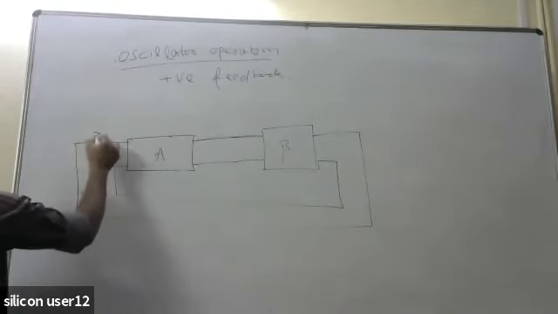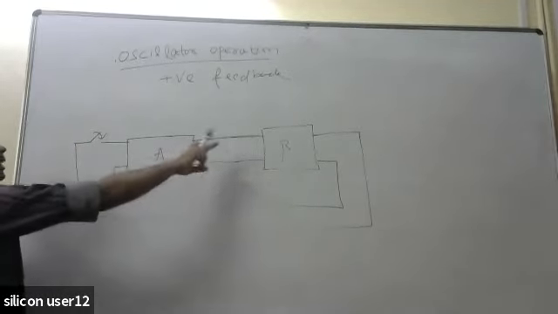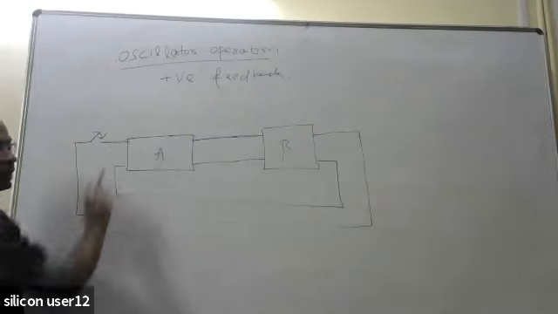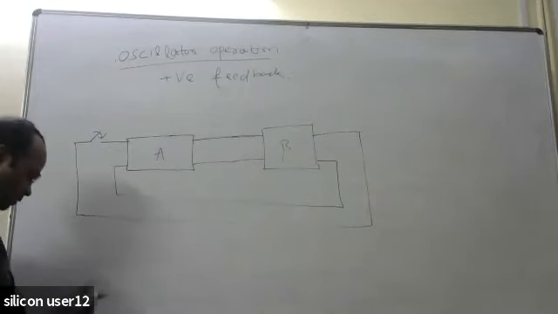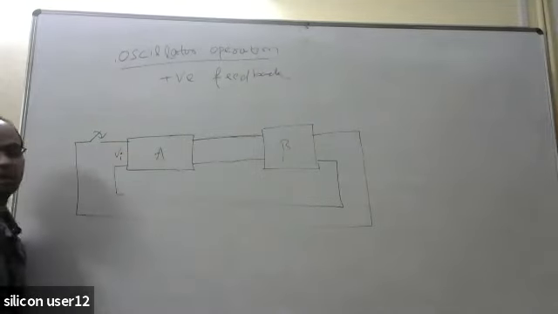Here a switch is there. So when the switch is closed, the feedback signal will be given to the input of this network. Suppose initially a signal Vi was present.